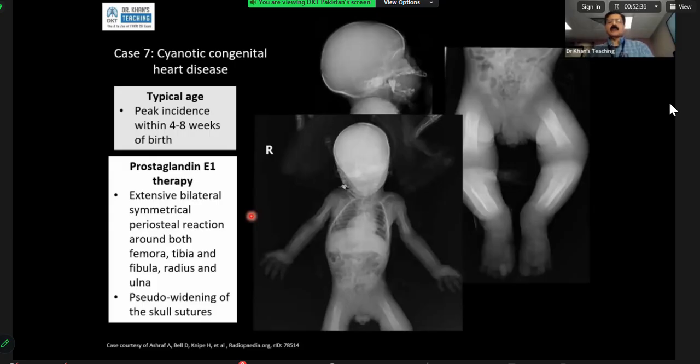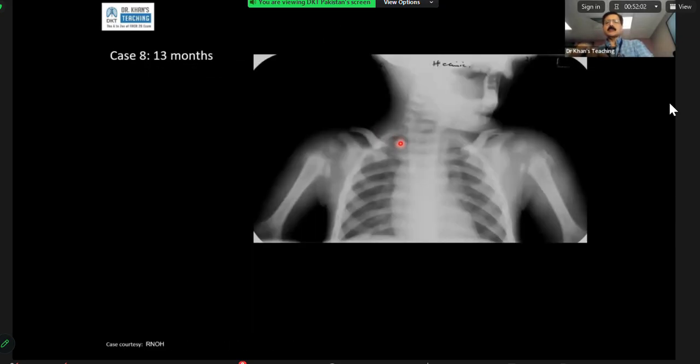Now, because of multiple reasons, there can be periosteal reaction in these cases, and there is extensive periosteal reaction. If you see this case from Radiopaedia, bilateral symmetrical in tibia, fibula, femur, radius, ulna, humerus. Humerus is less, but these are quite significant. Remember, there is nothing in the mandible. So this is prostaglandin E1 therapy.